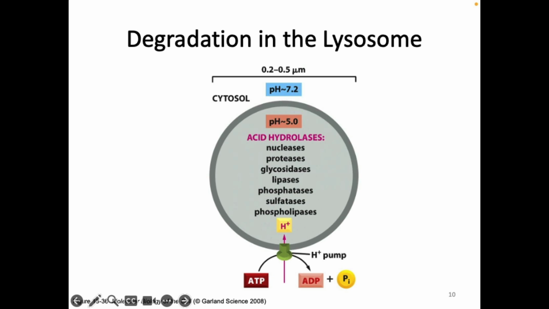A big part of the reason for that is just the things that are in the lysosome. So the lysosome has nucleases, proteases, glycosidases, lipases, phosphatases, sulfatases, phospholipases, basically all the enzymes to degrade stuff. This is a very acidic environment, so these all happen to be enzymes that only work really well in acid. The acid also helps with degradation in general.